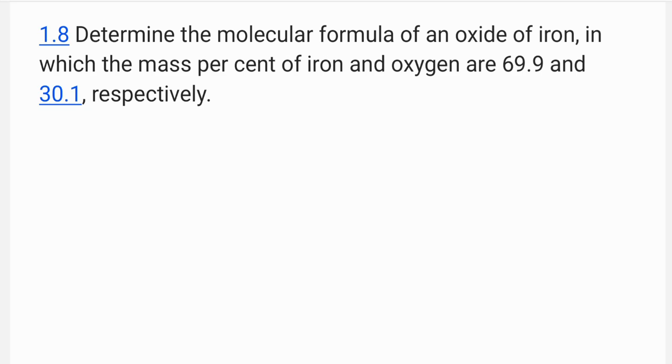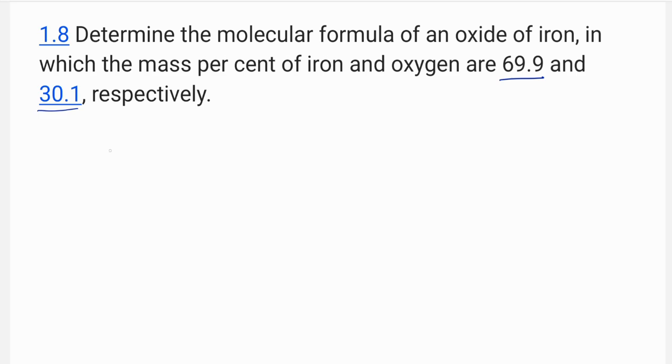The next question is 1.8 from the exercise. Determine the molecular formula of an oxide of iron in which the mass percent of iron and oxygen are 69.9 and 30.1 respectively. If you remember, we have already done this question in the previous videos, but once again, I can take you back and we can do it.